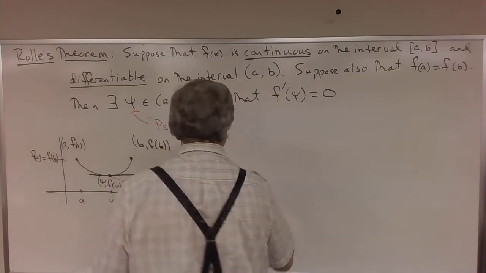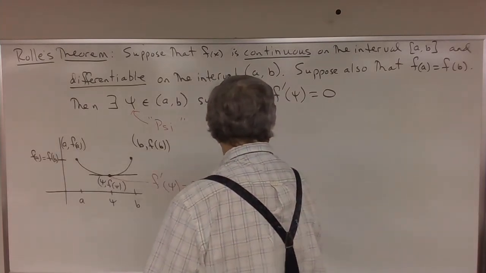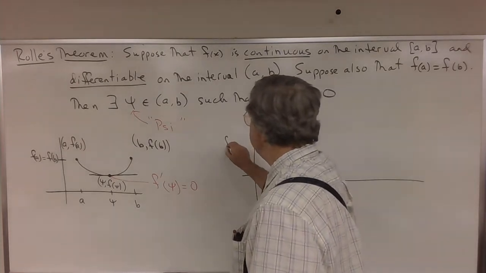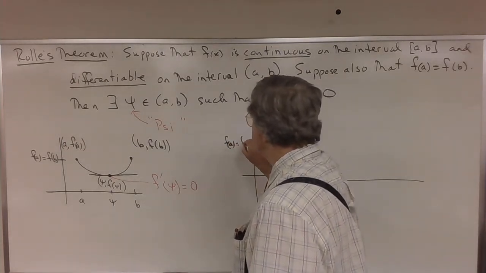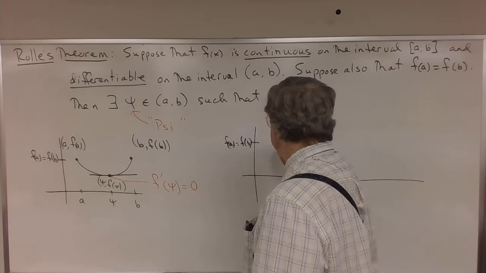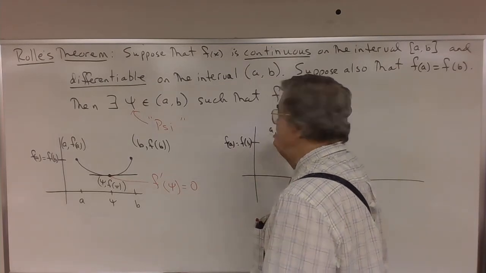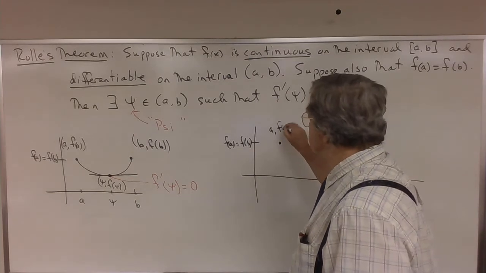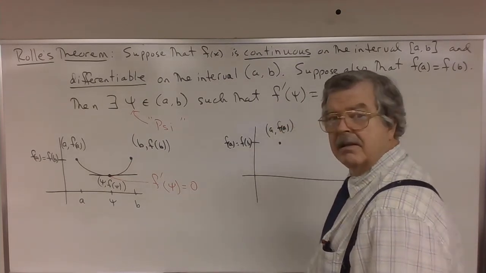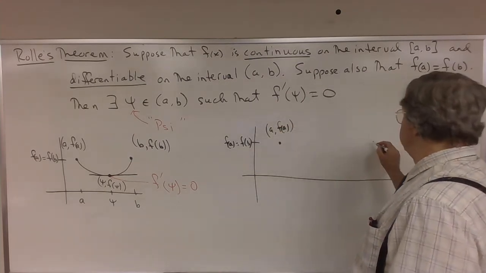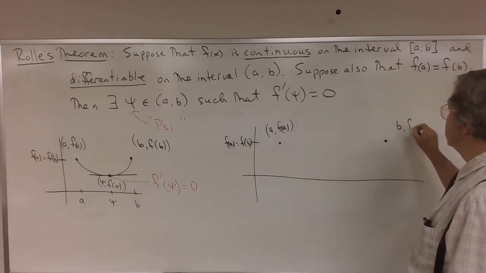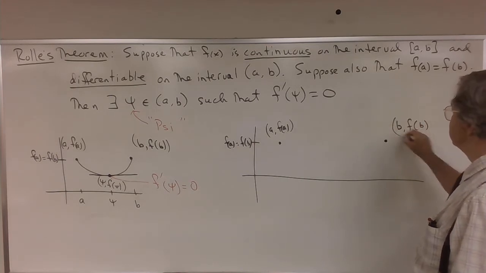So, looking at another scenario, here's f of a and f of b, they're equal. So a, f of a, and here's b, f of b.